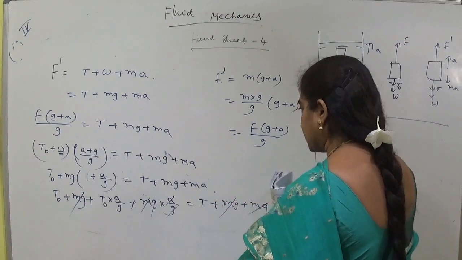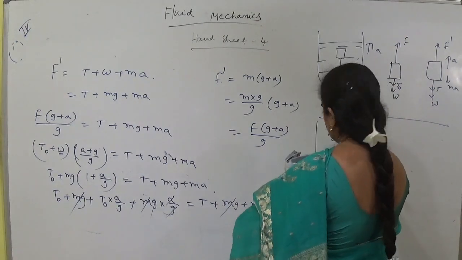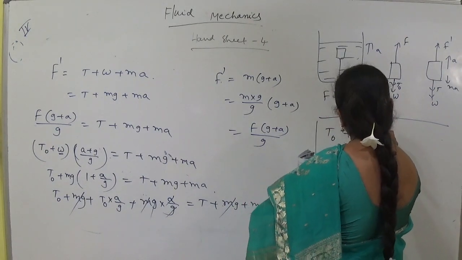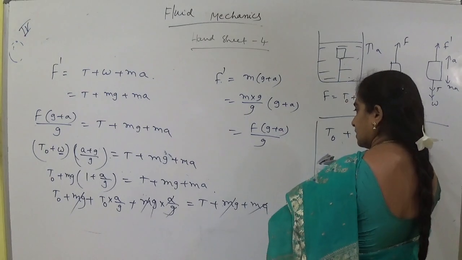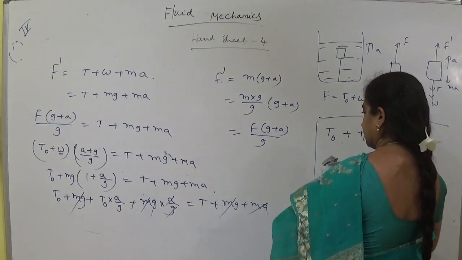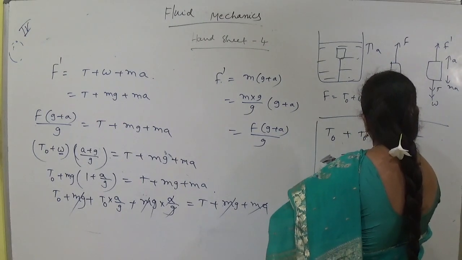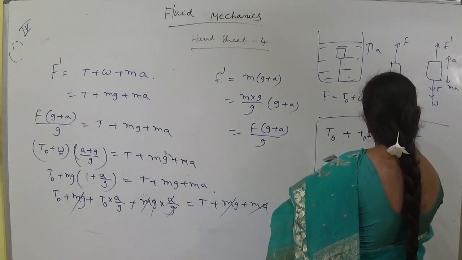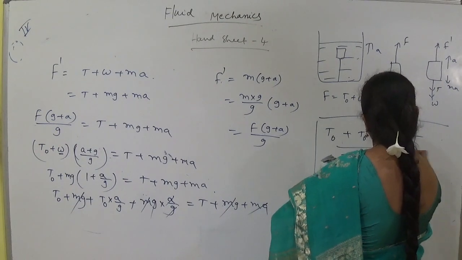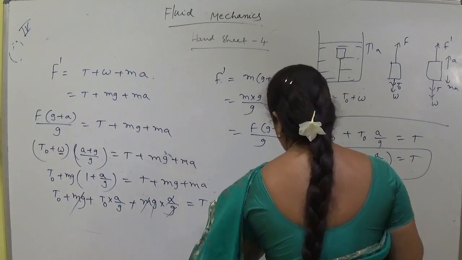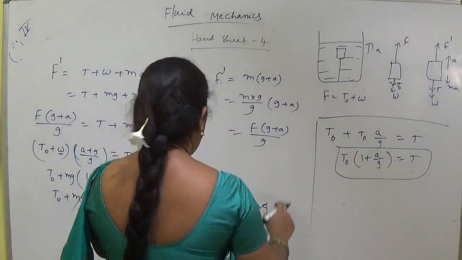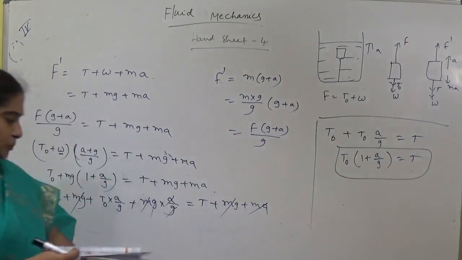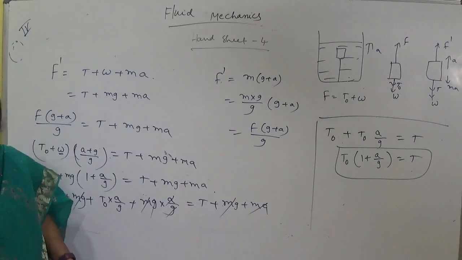T naught plus T naught into a by g is equal to T. So T naught into 1 plus a by g is equal to T. T is equal to T naught into 1 plus a by g. Option 2 is correct.